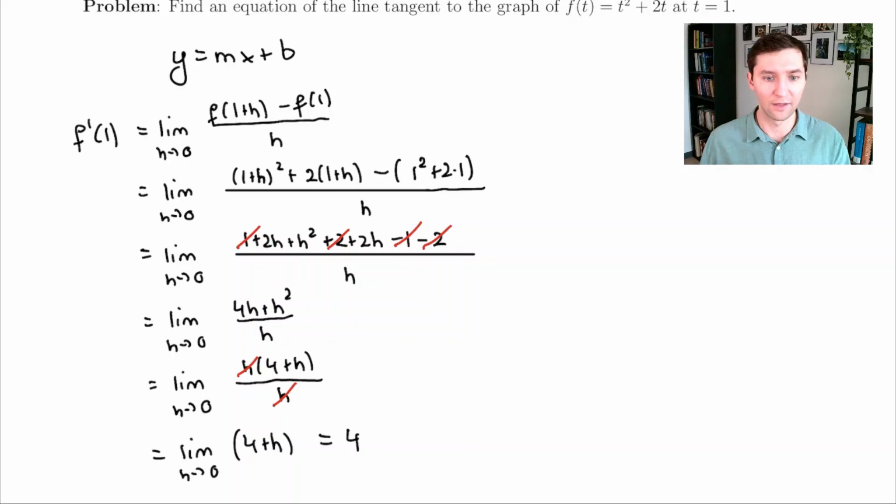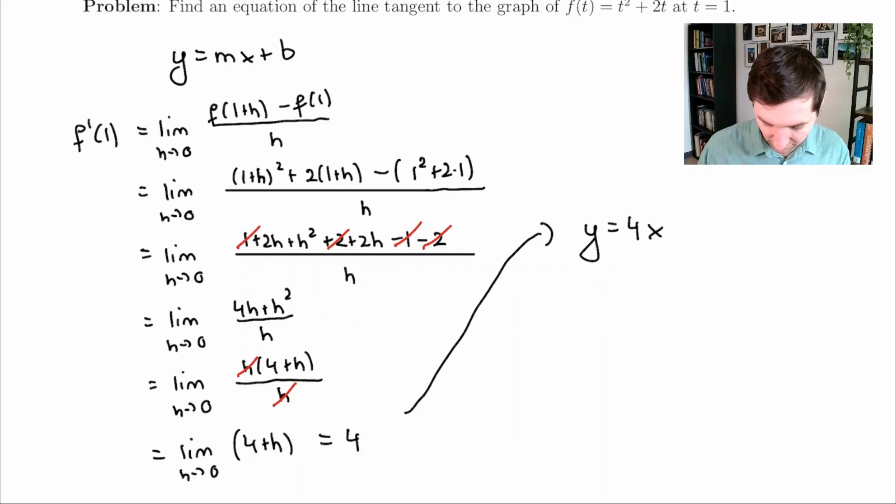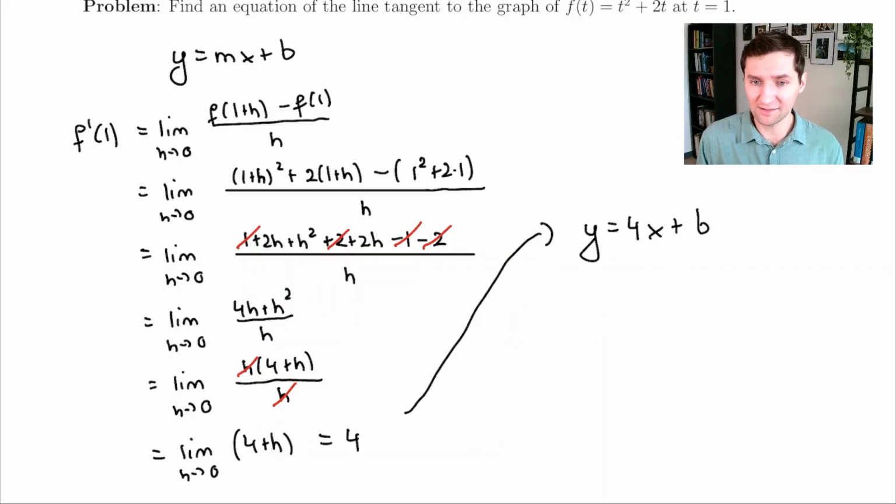This means that the derivative is 4, which means that the slope of the tangent line is 4. The formula of the tangent line then must be y equal to 4x plus some vertical intercept b. To find b, I need to plug in some point on the graph of the tangent line and solve for b.